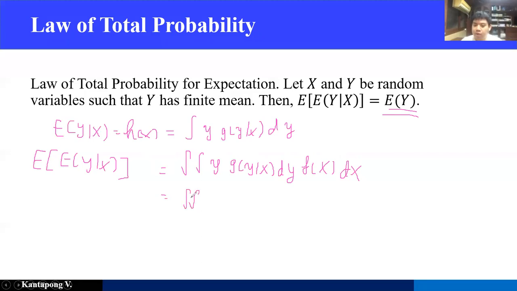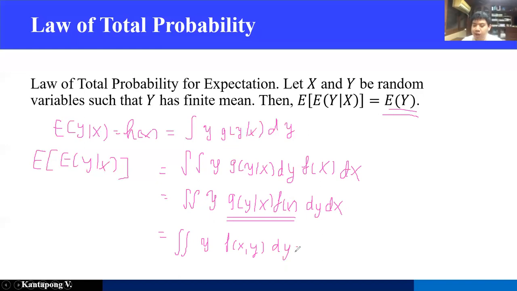If we combine all of this, what happens? Y times g of y given x times f of x, dy dx, is a joint. It is a joint, right? Let's say f of x,y, dy dx.